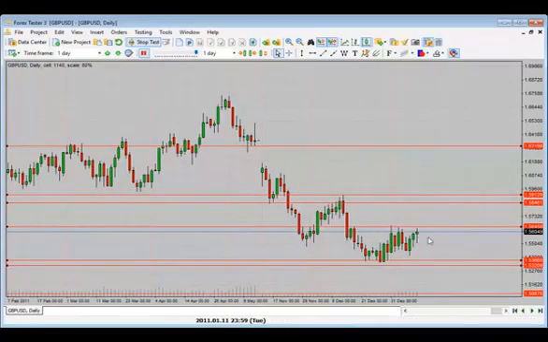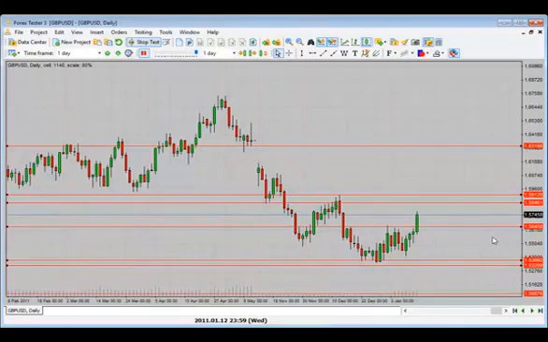So at this point, I would be looking for price to come lower, but if it breaks higher, then I would be open to take it to the upside, and this is where the lower time frame will help. Okay, so price breaks up, and now what do we expect?